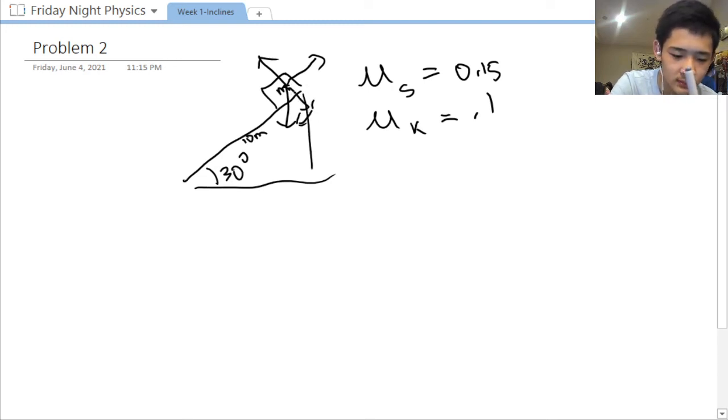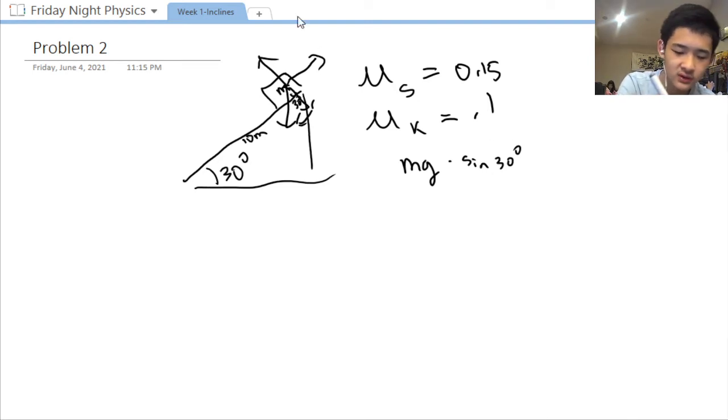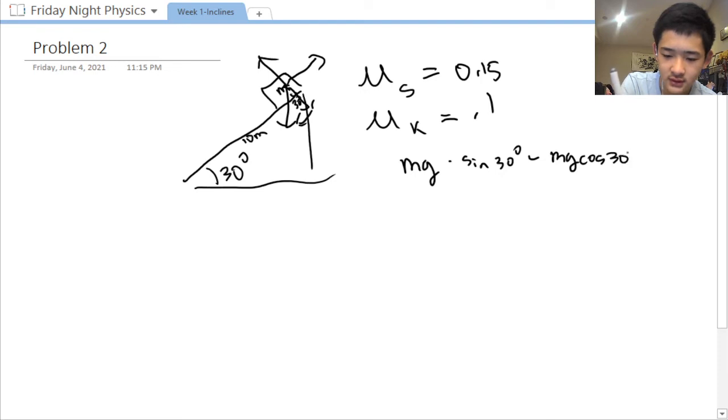The horizontal component is going to be equal to mg times sine 30 degrees, and then we know that the friction force is going to be equal to the normal force times the coefficient of friction. So the normal force is mg cosine 30 degrees times the coefficient of friction, which is 0.1.